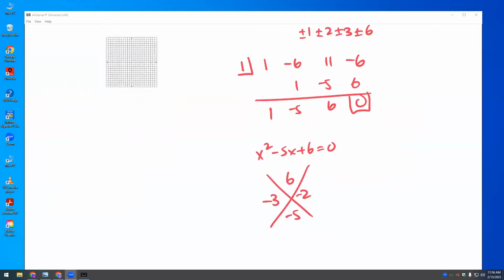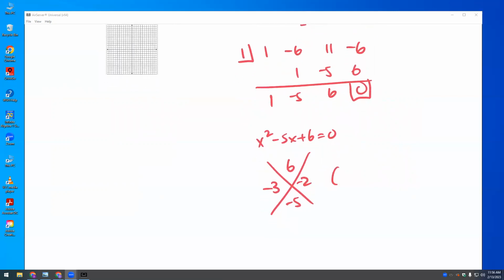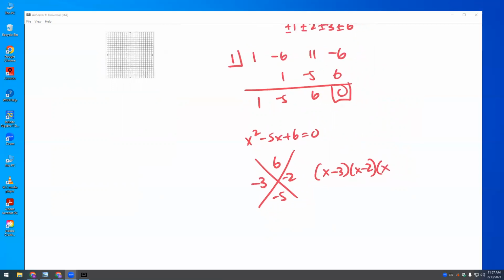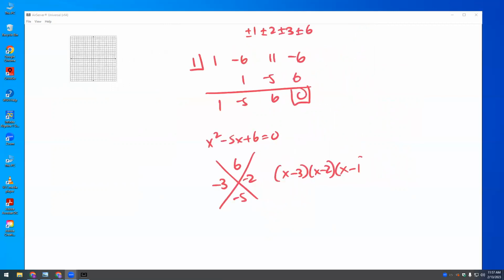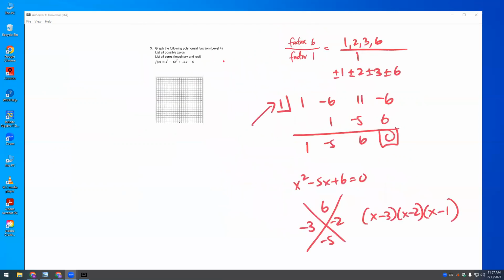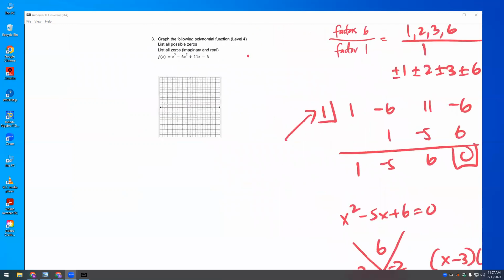So our factors are x minus 3 and x minus 2, and x minus 1, because remember, you're taking the opposite of the number in the box. So when we graph this, 3, 2, and 1 are our factors.